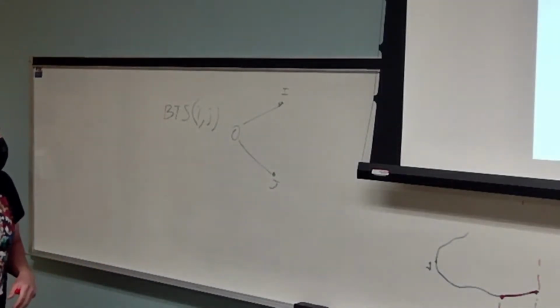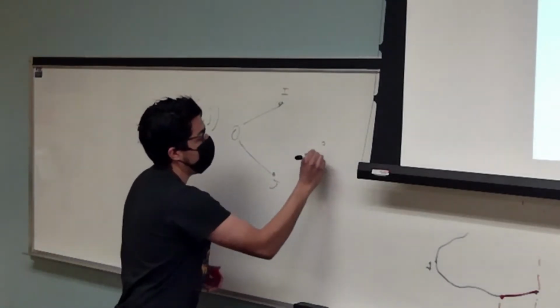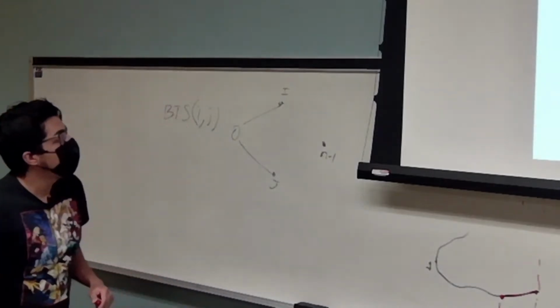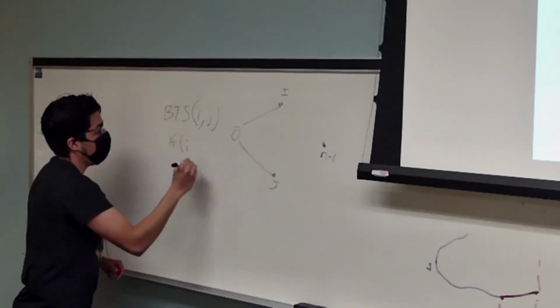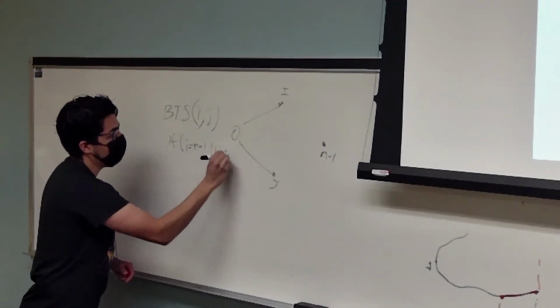Our base case is if i is equal to n minus 1, or j is equal to n minus 1.